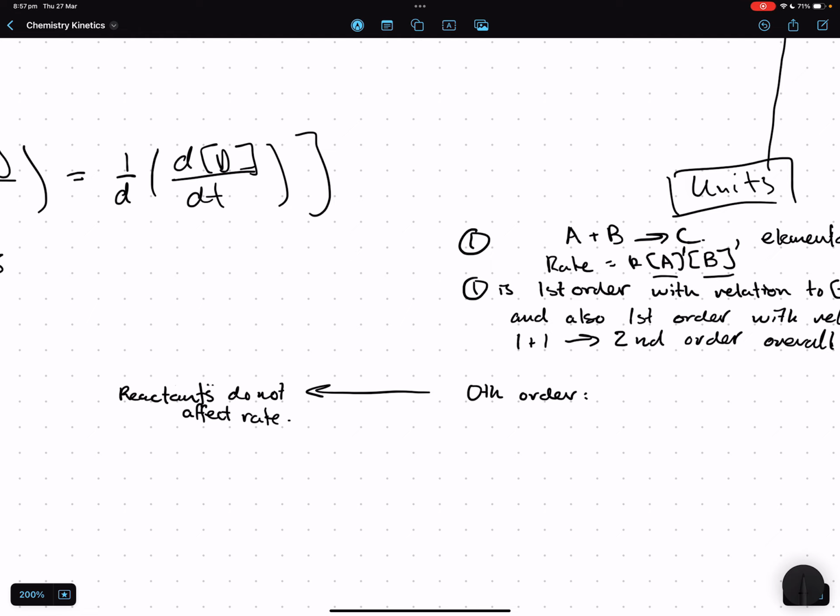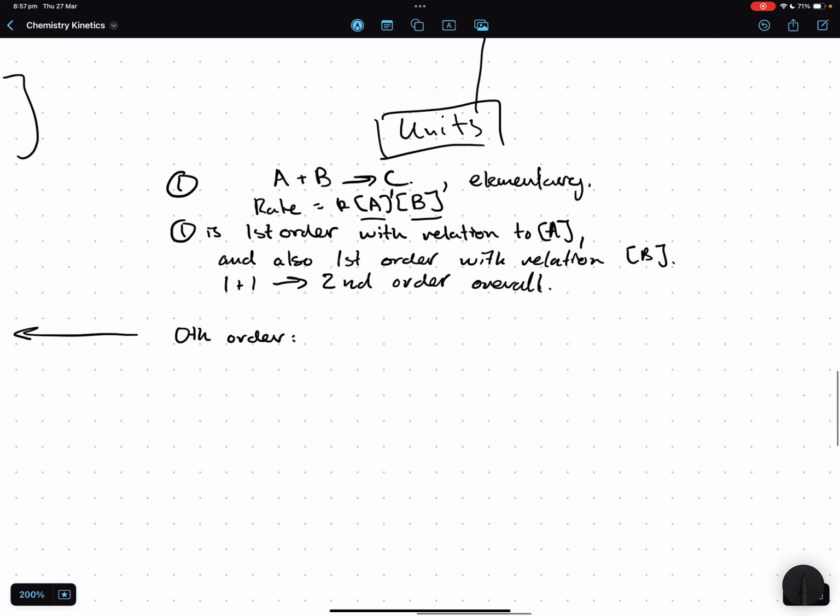So for zeroth order, you have k in units of molarity per second. First order, where you have some reactant, whether one or multiple, that affects the reaction, k is in terms of per second.